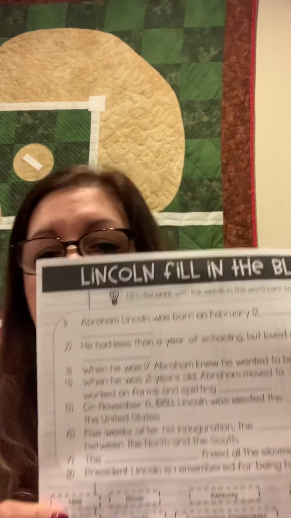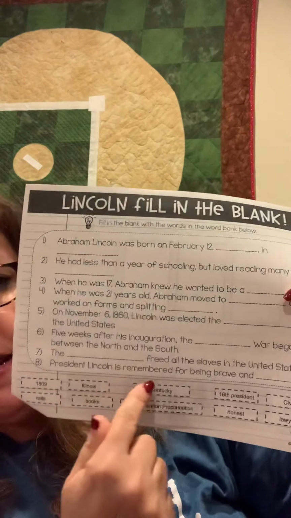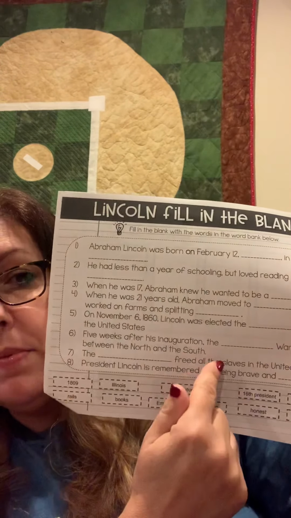But on the second page, you can choose to pause the video, cut out the words, and glue them in the correct space, or you can fill them in with your pencil. Number 1.